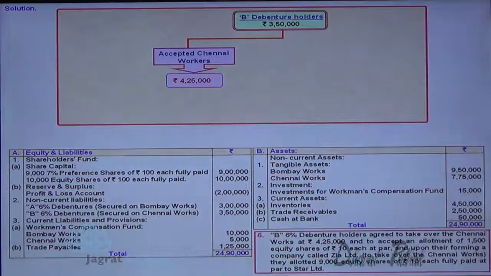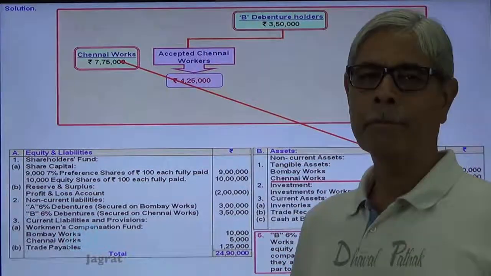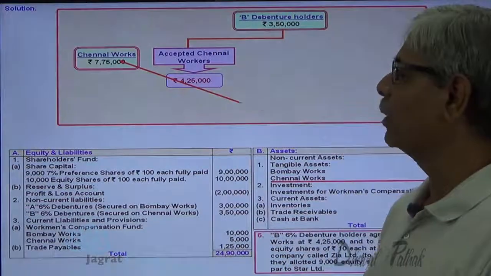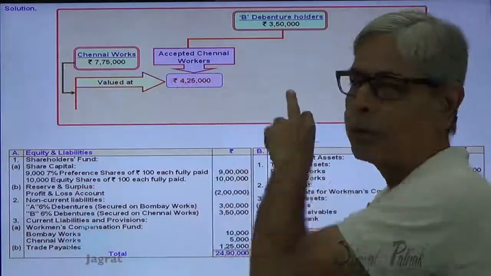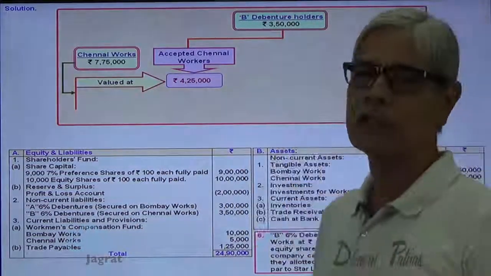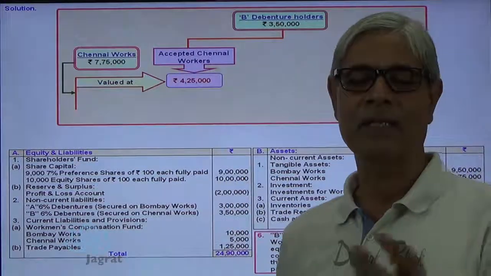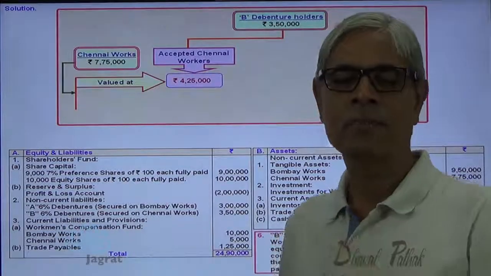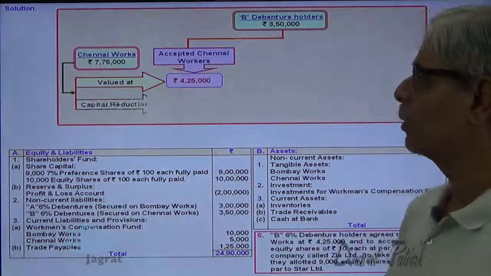Now my Chennai Works. In my books of accounts, my Chennai Works is 7,75,000. It has been taken by debenture holders at the agreed value of 4,25,000. So this Chennai Works valued at 4,25,000 and given to debenture holders. So 7,75,000 minus 4,25,000 is a valuation loss. That loss is to be written off, and for that capital reduction account gets debited.